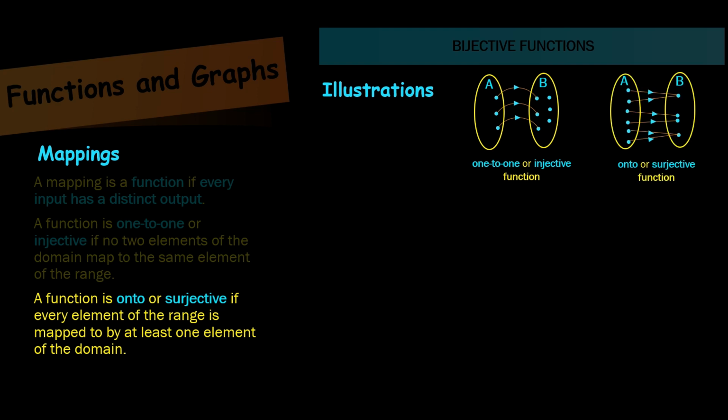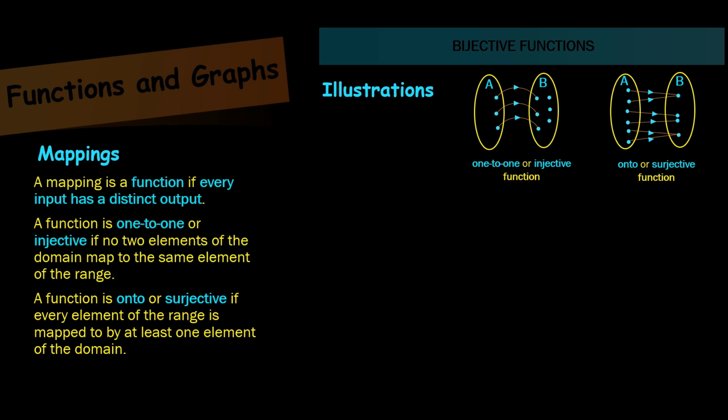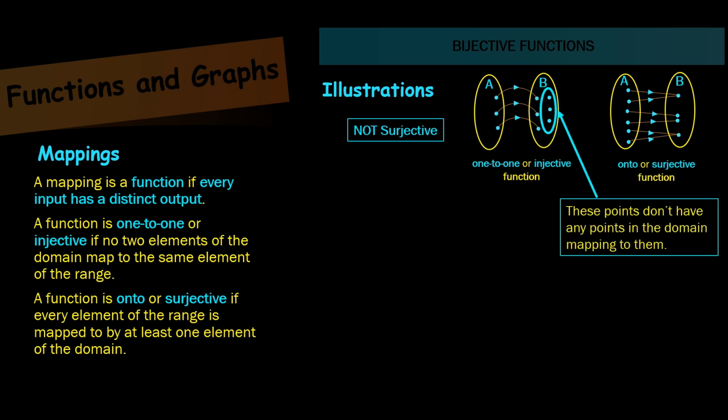Here, every element in B, which is the range, is mapped to by at least one element of the domain in A. Notice that the function on the left is not surjective. There are 3 points in the range B which don't have any points in the domain mapping to them.